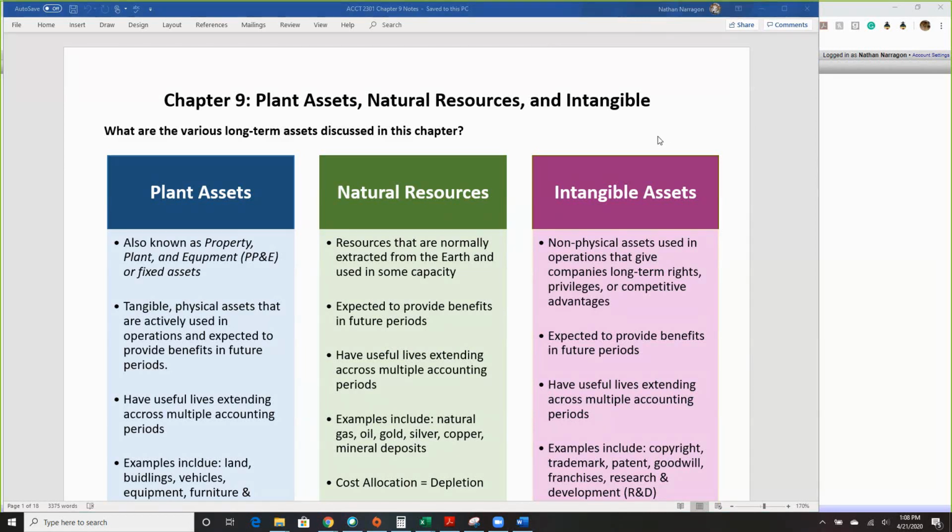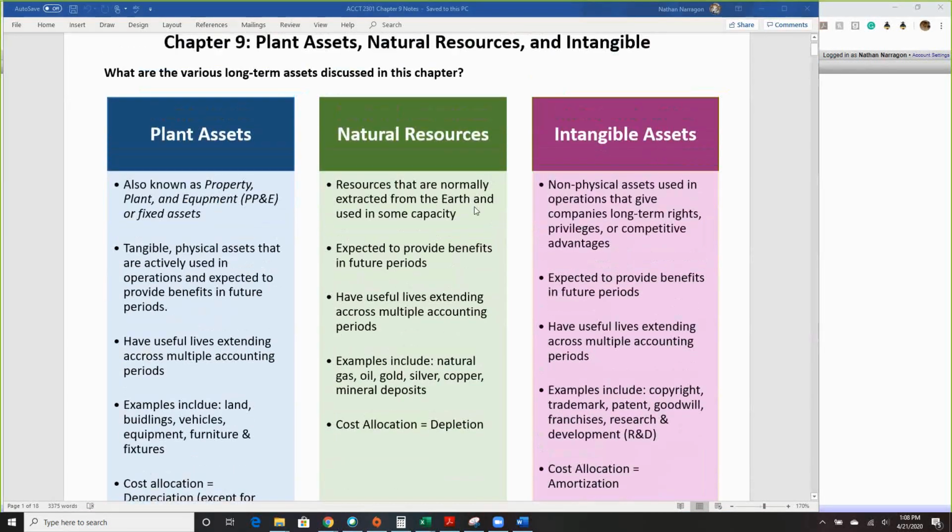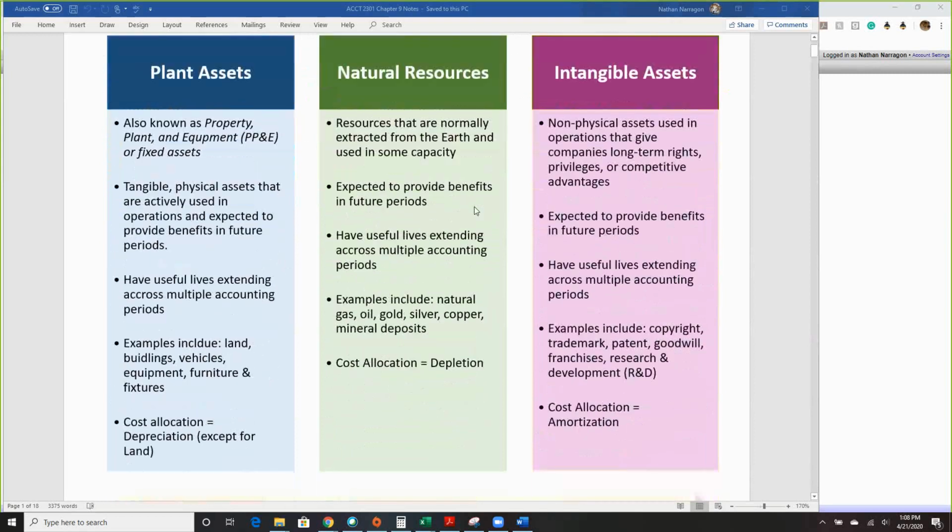So, Chapter 9 is really a depreciation chapter. All this one is, and it's going to go again through 3 of the major long-term asset categories. The main one that we're going to really focus on, though, is, of course, the fixed assets, the plant assets, or property, plant, and equipment, however you want to call it.